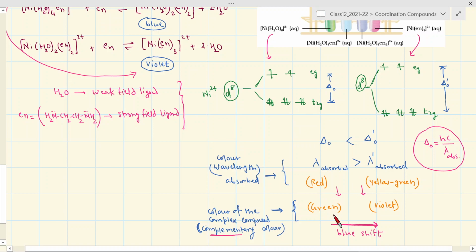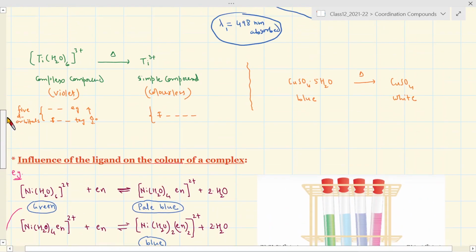And a similar effect is also seen in the color displayed by the solution of these complex compounds, which is basically the complementary color. They also make a shift from higher wavelength to lower wavelength when weak field ligands are replaced by strong field ligands.